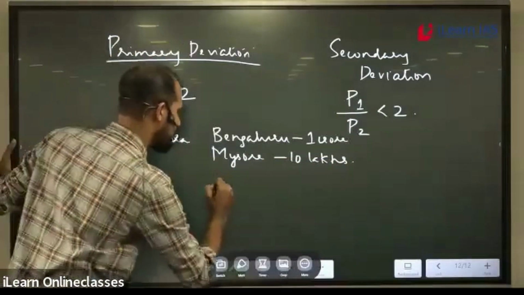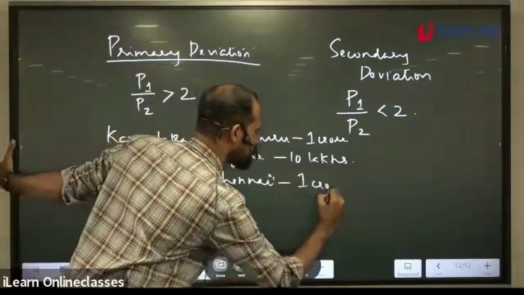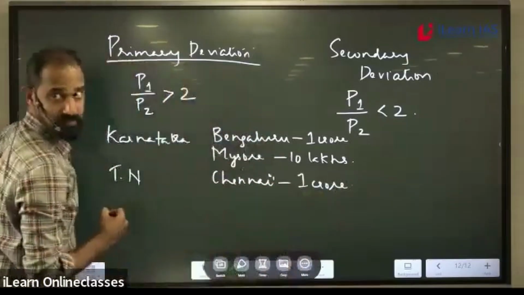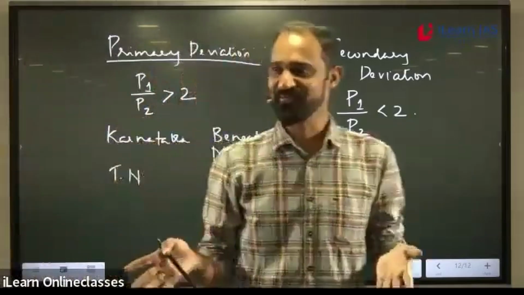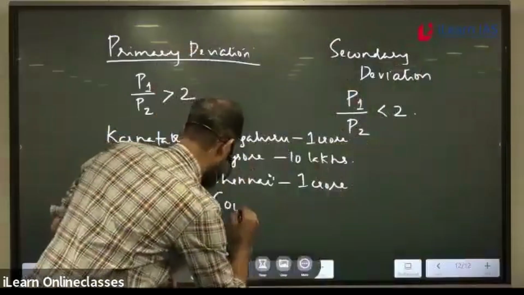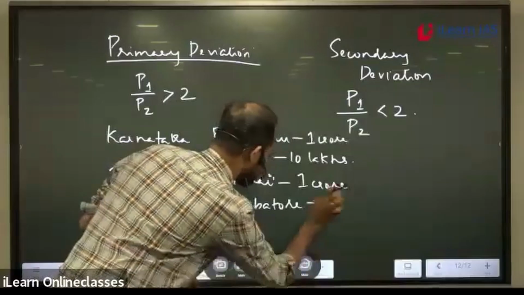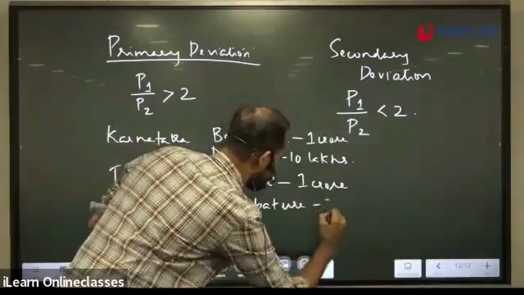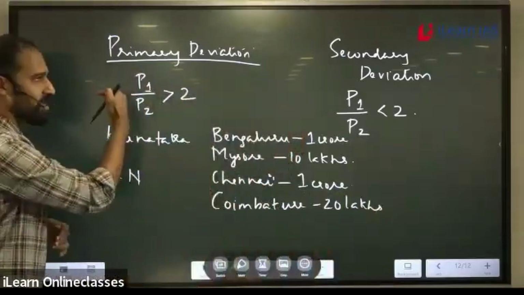Tamil Nadu's largest city is Chennai, with a population of 1 crore. Which is the second largest city of Tamil Nadu? Coimbatore. Coimbatore has a population of 20 lakhs. So here, this is primary deviation.